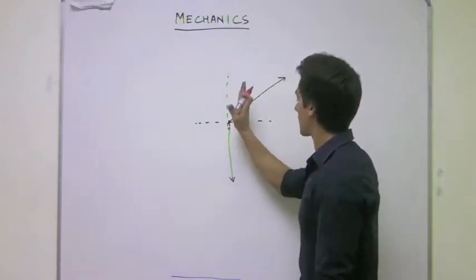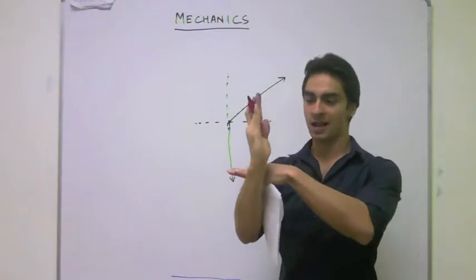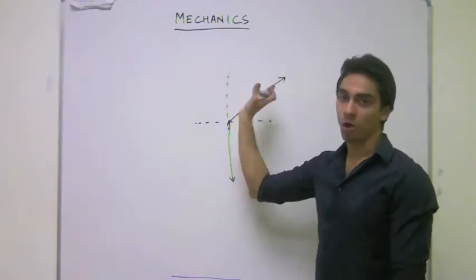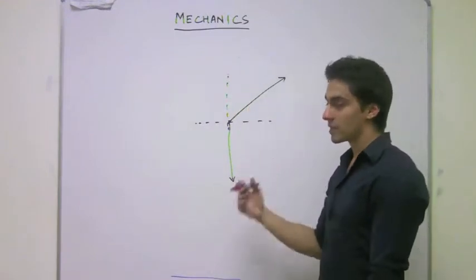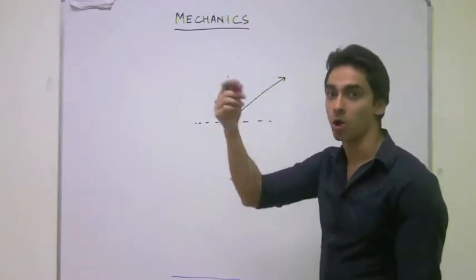That means I take a system of orthogonal axes at right angles and see what the components of these vectors are along these axes. Once I've done that, I can just add them up numerically along those axes.